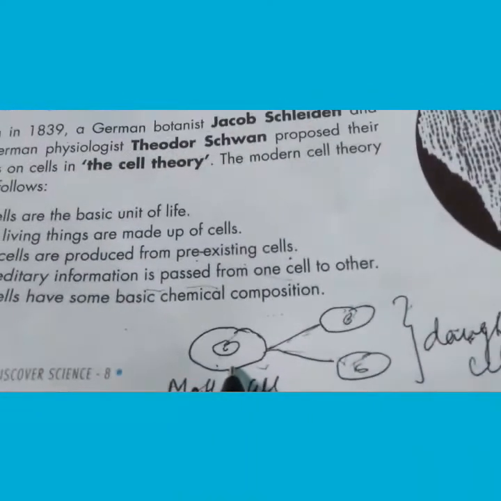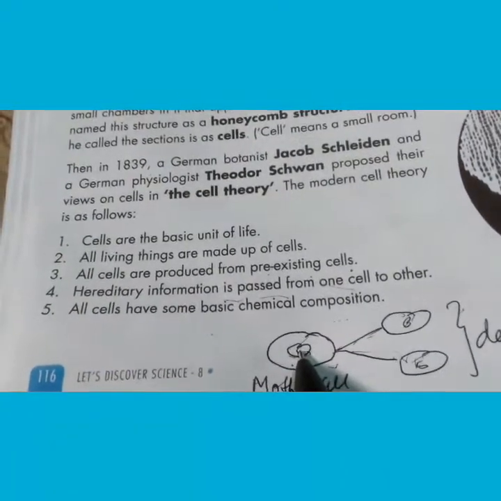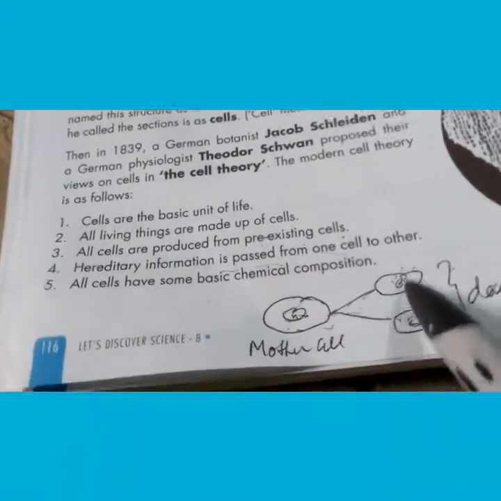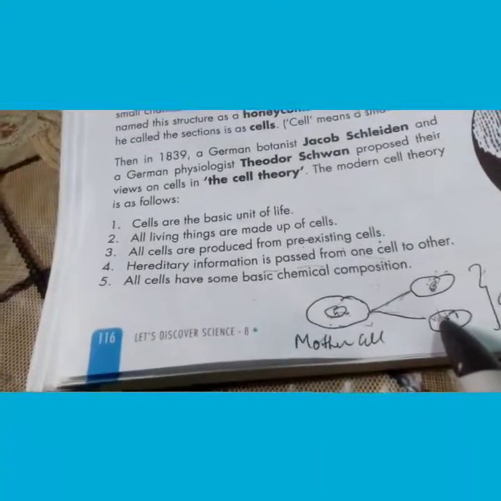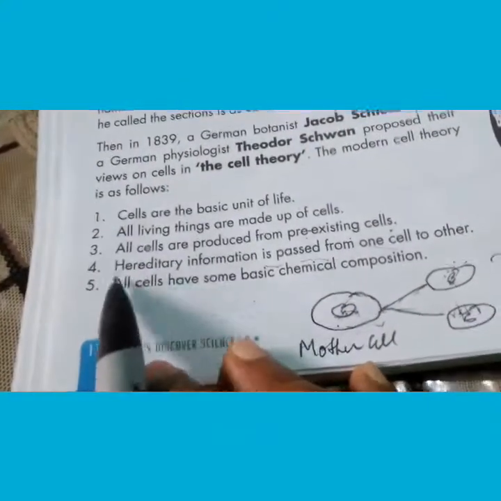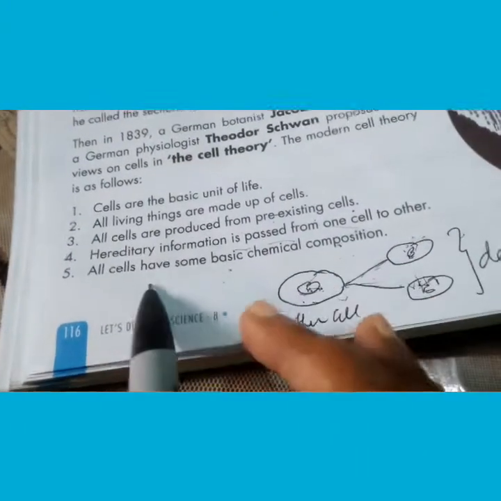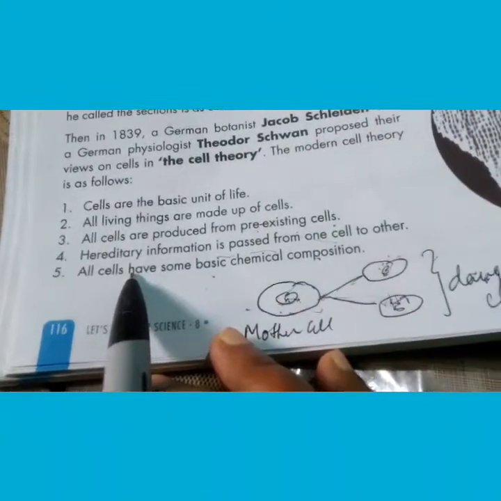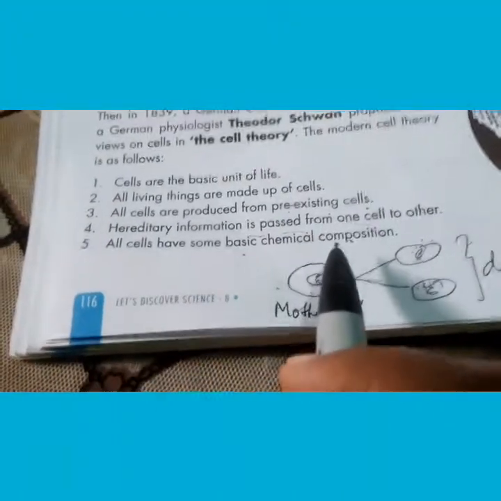All the hereditary information is maintained in the nucleus of a cell, and when the nucleus passes to the daughter cells, the hereditary information also passes to them. The fifth one is that all cells have some basic chemical composition, such as the cell wall and cell membrane. So all cells contain these chemical compositions.